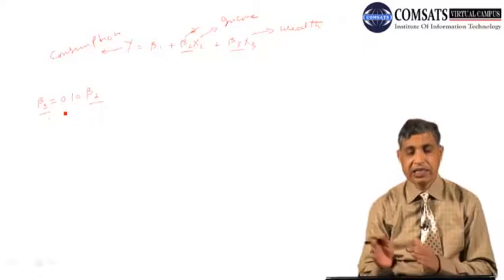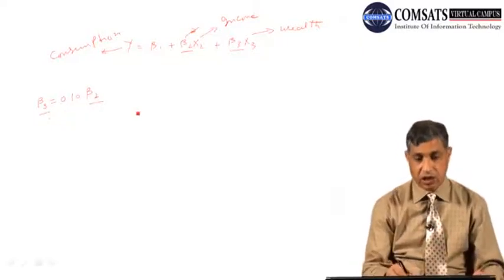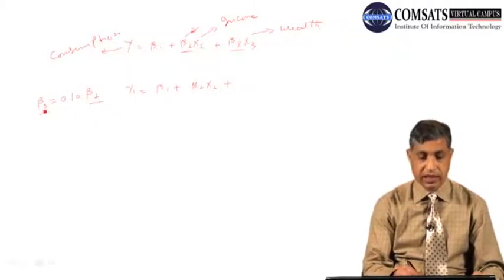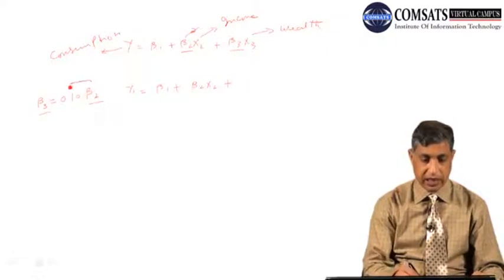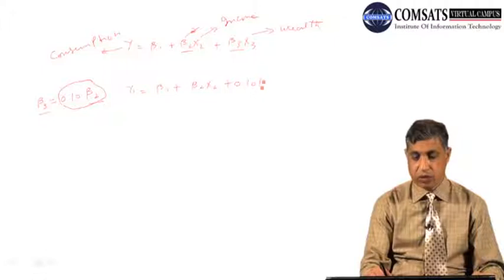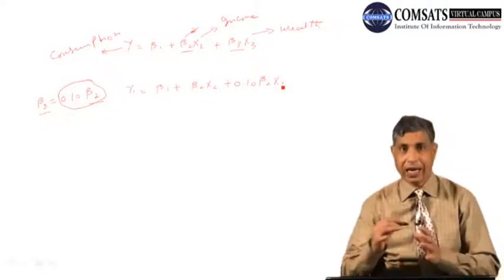So if I replace this back into the regression, it will become Y equals beta 1 plus beta 2 x2 plus beta 3 x3. Rather than writing beta 3, I can substitute this value, so I will write 0.10 beta 2 x3. Now the model has changed a bit.